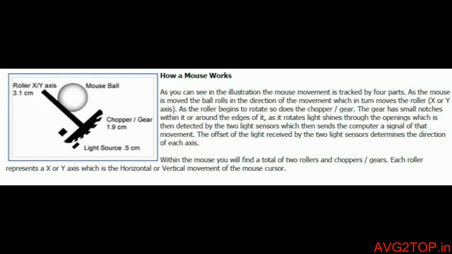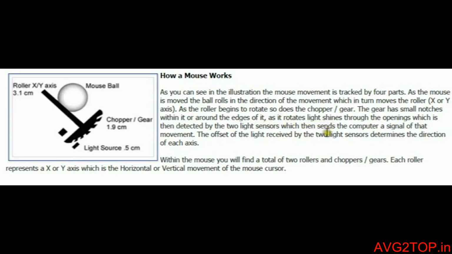The roller is being rotated and it is chopped and geared like a lock system. A kind of notch or gear-like system is made to lock the outer part which holds the ball. And there are two light sensors that detect this.